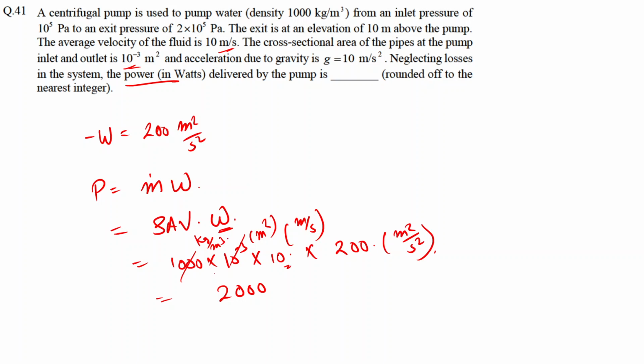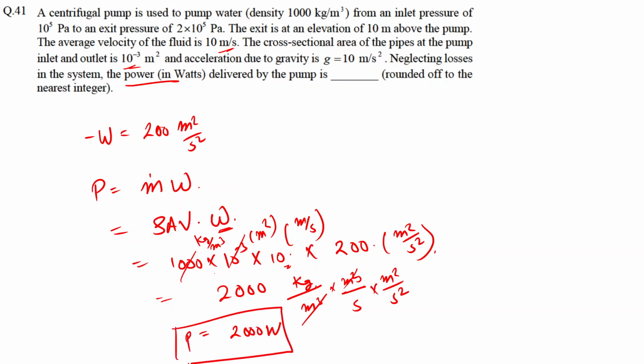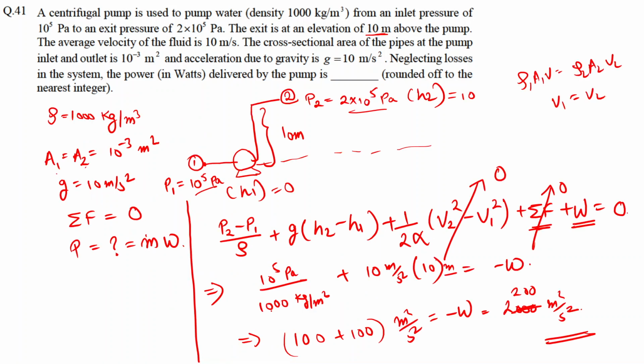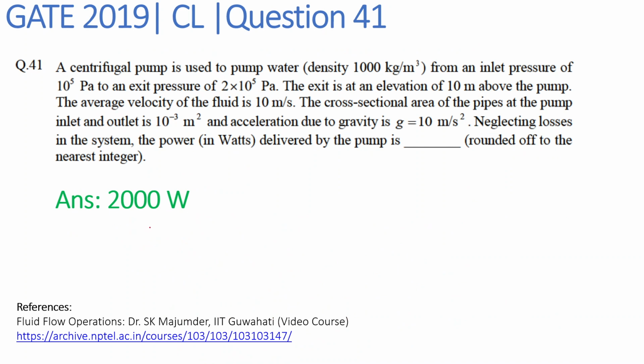So basically we can write this as kg upon meter cube into meter square, meter cube upon second into meter square upon second. So this will get cancelled out, and basically kg meter square upon second cube is, you can call it as watt. So this is basically watt, 2000 watt. So the power delivered by the pump is 2000 watt. So we can write the final answer as 2000 watt.